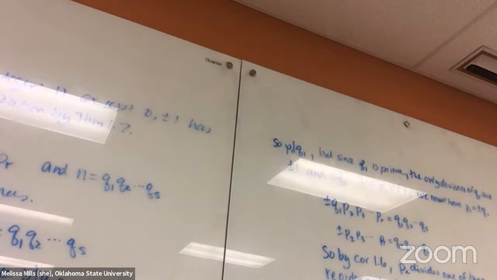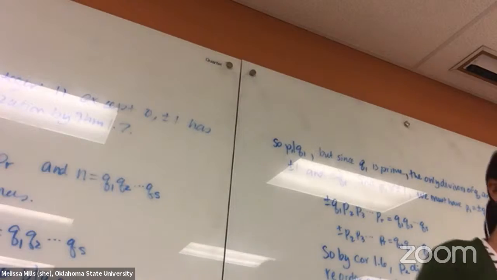Thus, R equals S, and P I is equal to plus or minus Q I. What do we assume? R equals S, so we'll call it R, which equals S. Sorry for you online people, I'm moving.